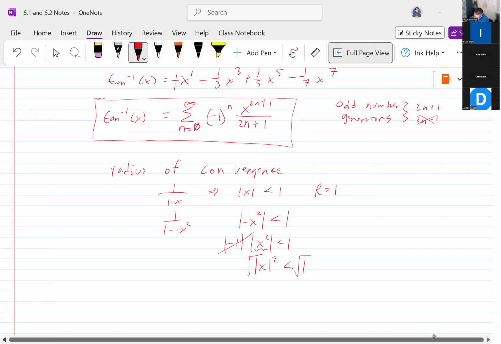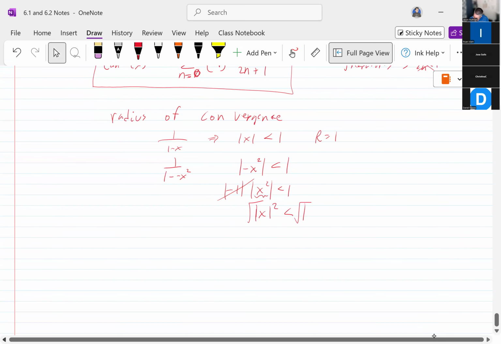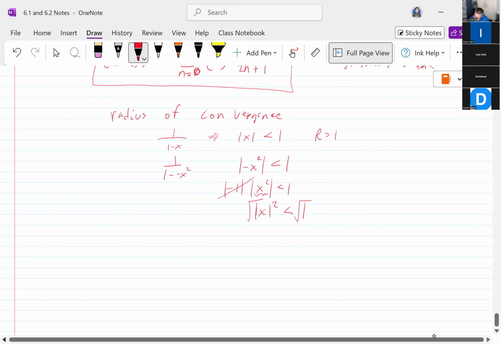Then we could say the absolute value of x is less than the square root of 1. We could put a plus or minus 1, but only one of these makes sense. How could you have an absolute value less than a negative number? It doesn't make sense. So the negative doesn't make sense.